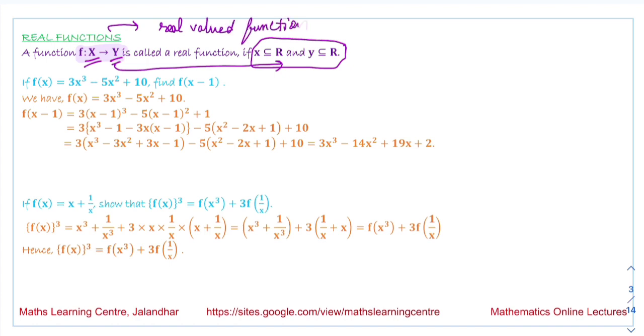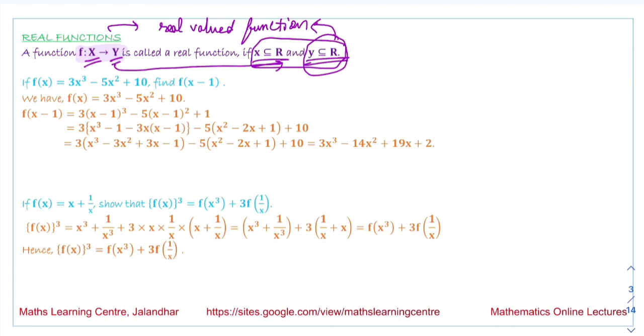When we say real valued function, it means its value is real. We are talking about Y being a subset of R, that is, the answers that we get after applying that function are real. But these functions we are saying are real functions. In this, the domain is a subset of R and the codomain is also a subset of R.